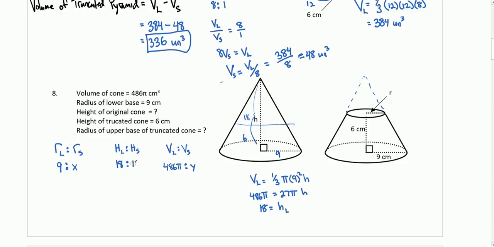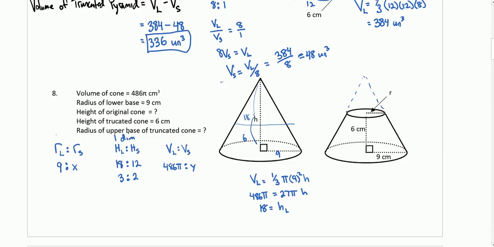So we have the height of the smaller, and we can reduce that ratio, divide by 6, and we get a 3:2 ratio. And so now we can find everything else we need. So if it's a 3:2 ratio, this is one-dimensional.